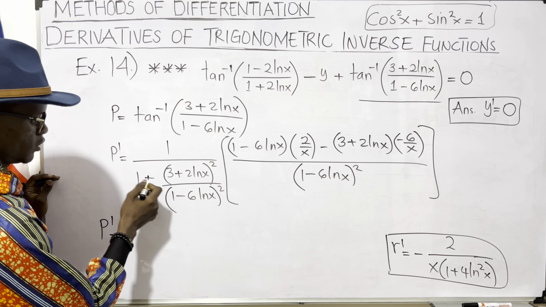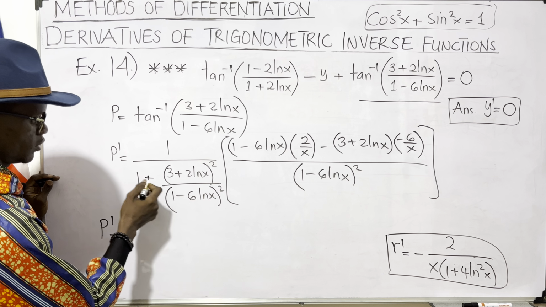If we factor out 2 over x, we're going to have 1 minus 6 ln of x. And then now, if 2 over x comes outside, 2 goes into this 6 three times. So you're left with minus 3 right here, because this x is already outside. So it's this minus 3 that is going to be multiplied by the terms in here.